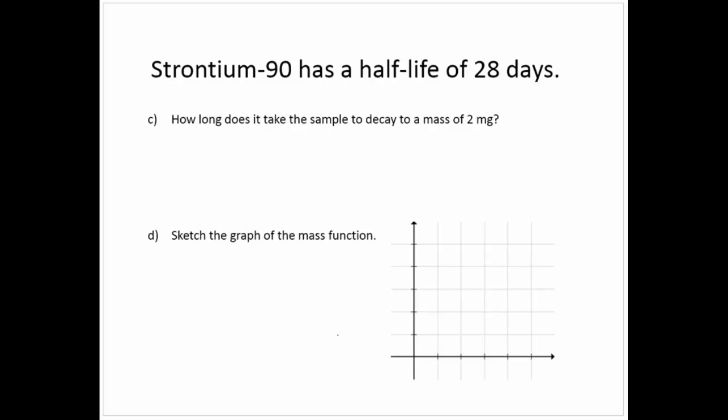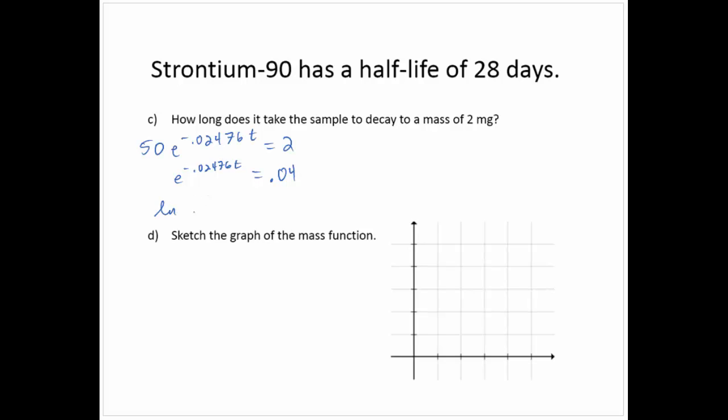How long does it take the sample to decay to a mass of 2 milligrams? Well, then we would have 50 e to the negative 0.02476 t is equal to 2. And we have to solve this equation for t. Dividing through by 50, e to the negative 0.02476 t would equal 2 over 50, which is 0.04.